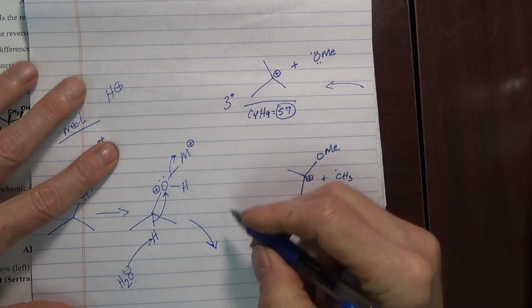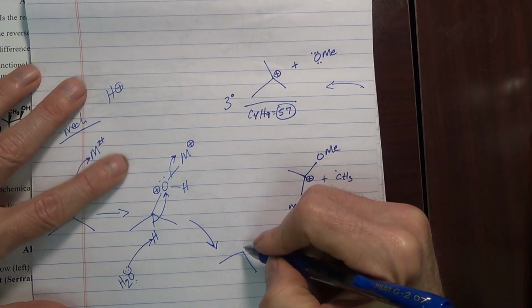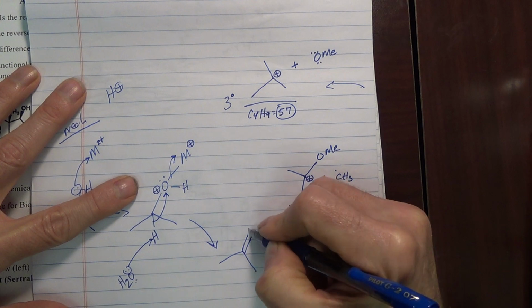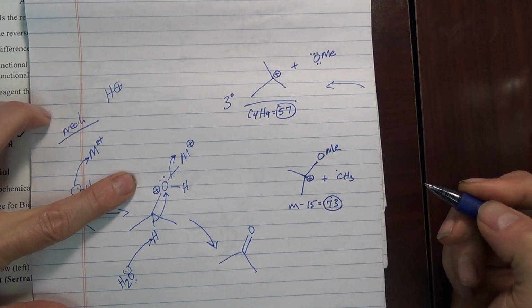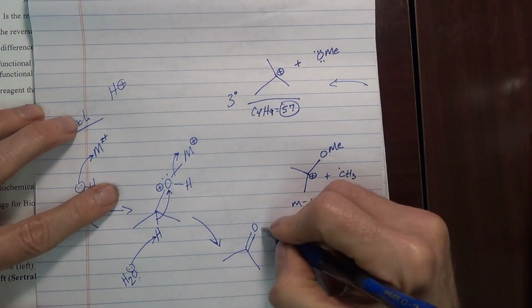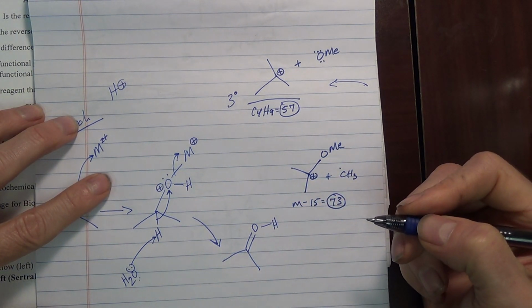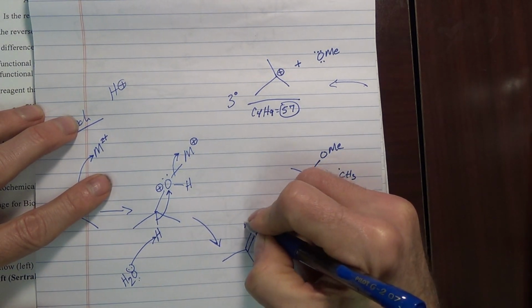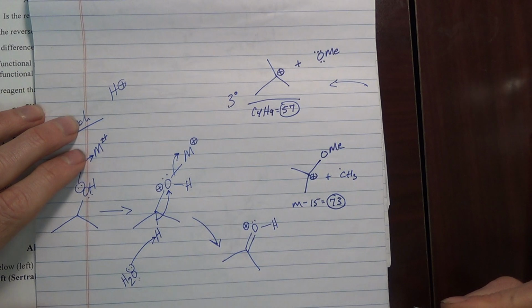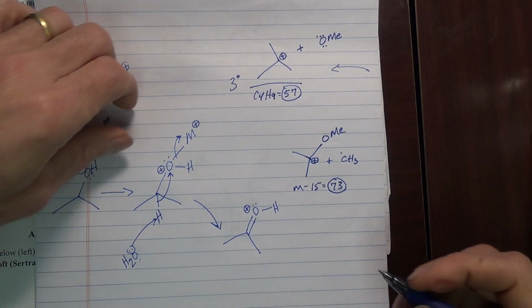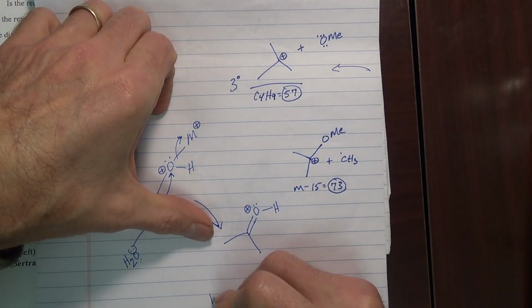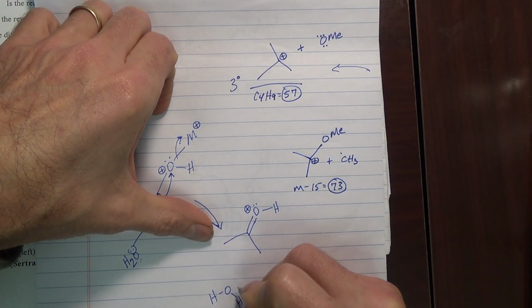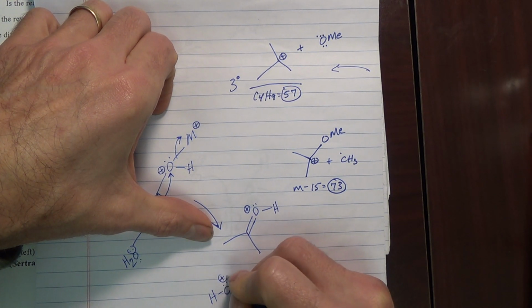That would give a double bond between the C and the O. The H remains, with one lone pair. That oxygen is positive. We made H3O plus right here.